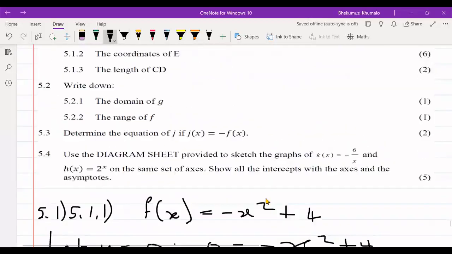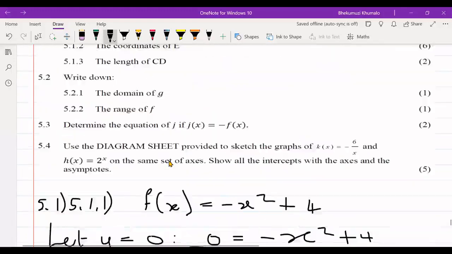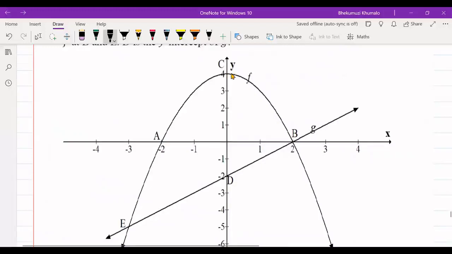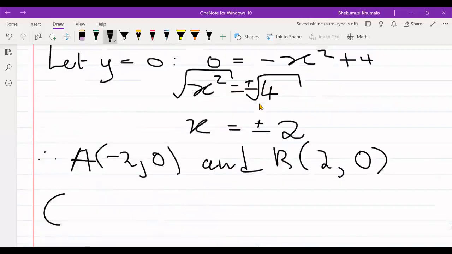Okay. And C, let's see, C. So C is a turning point. Now the turning point is quite easily seen because it's the y-intercept of f of x. And the y-intercept, when you just look at the graph, it is just at 4. So we know it's actually (0; 4). But when you have to actually calculate it, how would you get it? You would first say x is equal to 0, right?